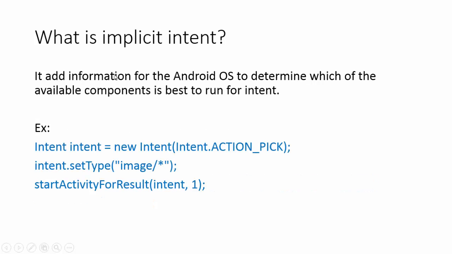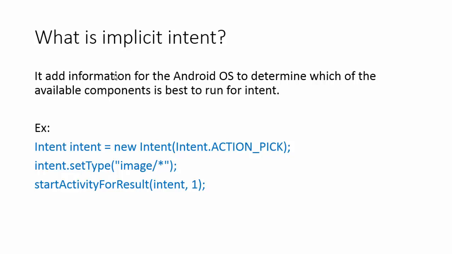Now second is, what is the implicit intent? Implicit intent gives the option of what we want to use from the OS. Suppose we want to pick images from the gallery or device, then we mention Intent.ACTION_PICK, then Android OS will show all the options available for picking an image from the gallery.